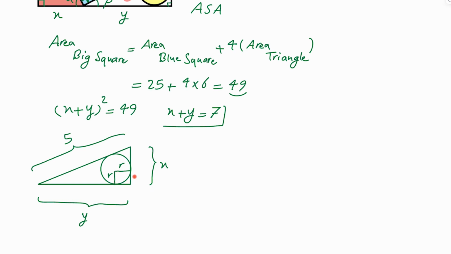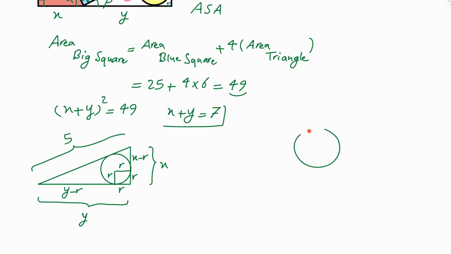If this is r, this segment is also r. The whole segment is x, so this segment will be x minus r. For the bottom side, we have r here, so this is also r. The whole segment is y, and we subtract r, we will have y minus r for this segment.